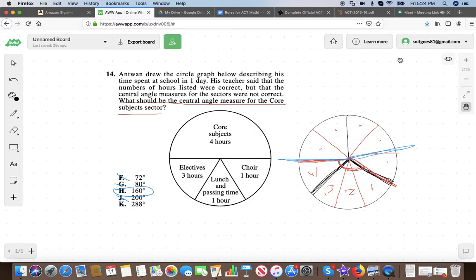Especially with your skill level, you should not be getting anything wrong 1 through 14. Nothing. And probably not 1 through 30 with a little bit more practice. You should be getting 1 through 30 absolutely correct. They're real basic, as long as you conceptualize them the right way. And the more concrete you make them, the more you're going to conceptualize them the right way. Does that make sense? Yes.